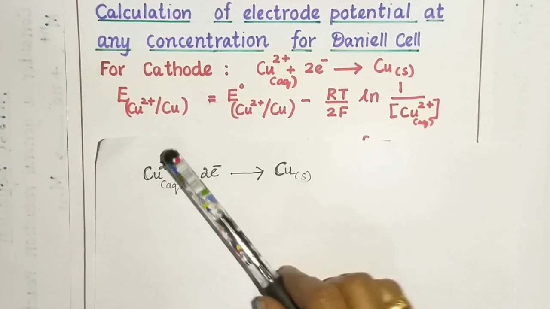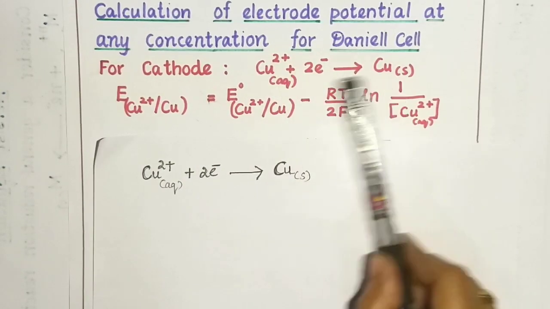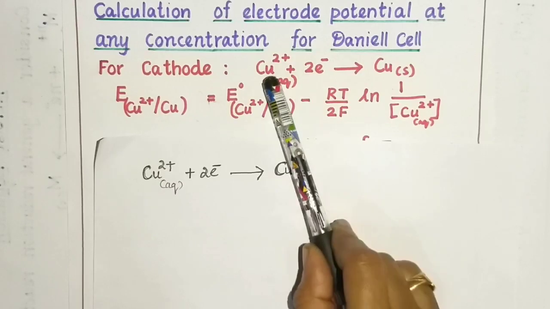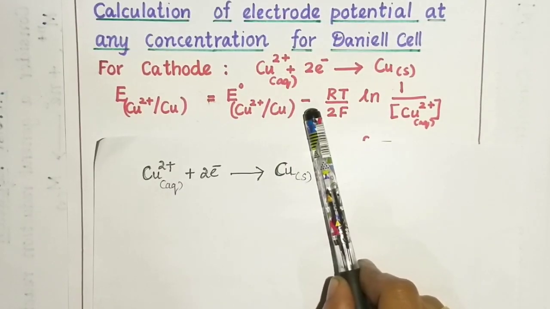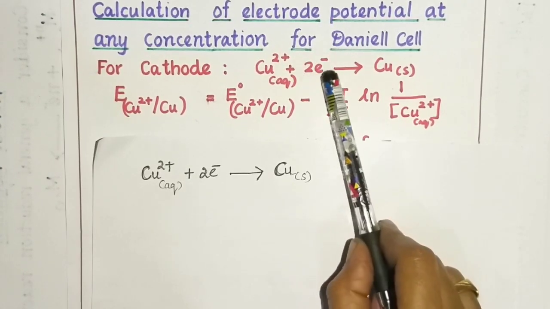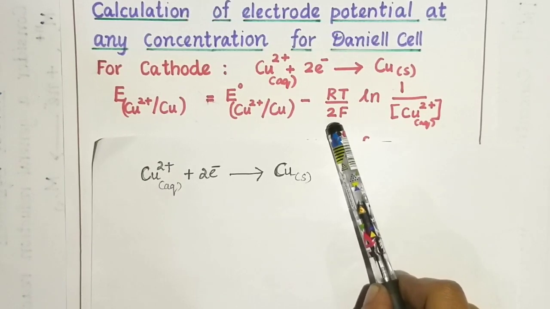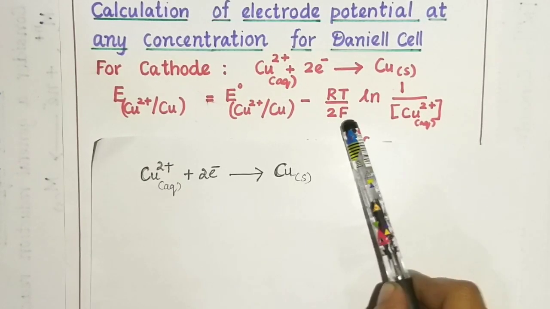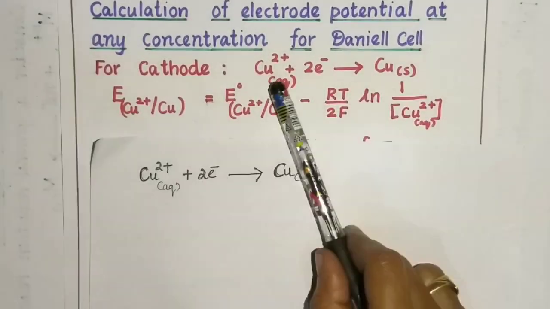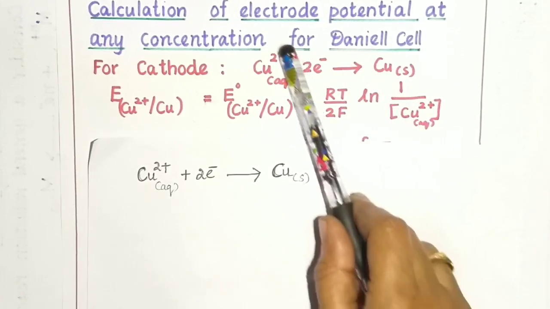Then we can write the Nernst equation: E of Cu2+|Cu is equal to E0 of Cu2+|Cu minus RT by 2F, because the number of electrons involved in this process is 2, so instead of n we write 2F, ln concentration of Cu divided by concentration of Cu2+, product by reactant.